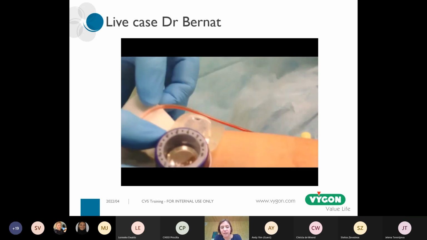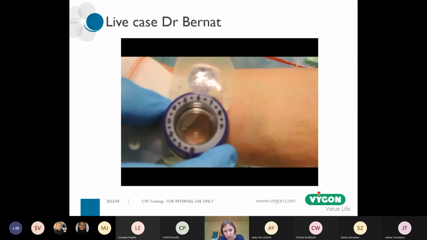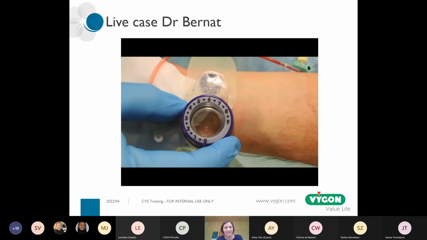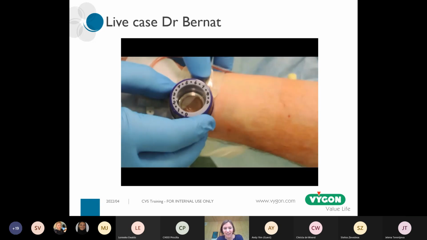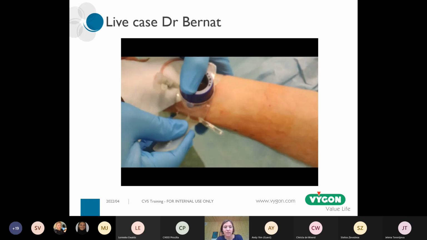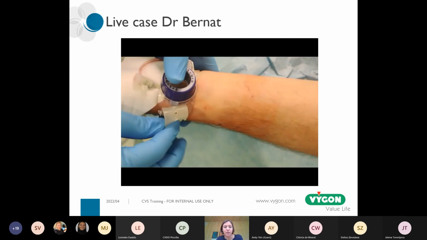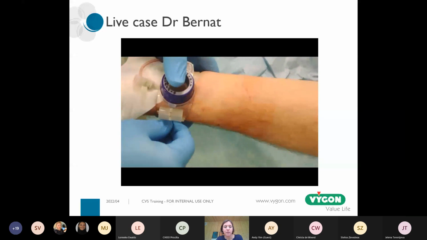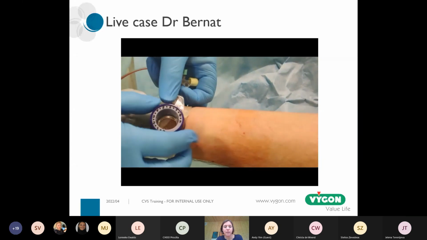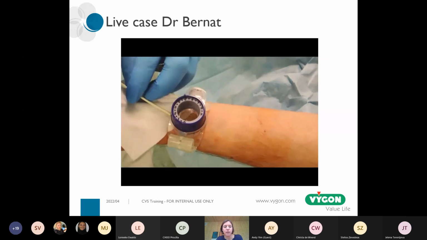Then he positions the seal1. You can see the introducer sheet. When it's well positioned, and then he will adjust the compression level.